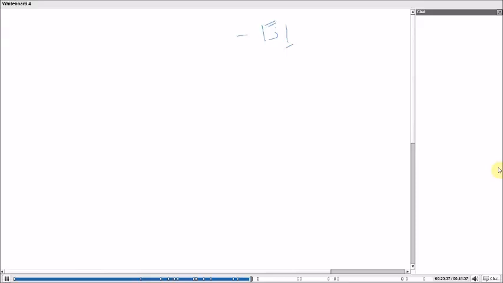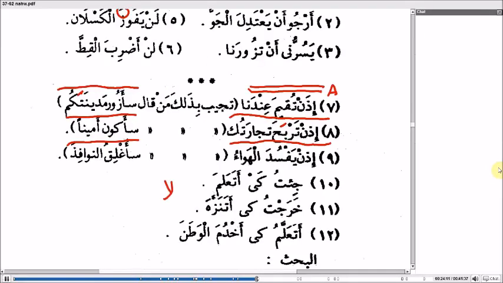Idhin could make the fi'l majzoom, or it could make it mansub, or it could make it marfu'. Right? Not make it marfu', but leave it marfu', basically. Let's find some examples here. Okay. If we use it as a harf al-jawab, an answer, like we have in our examples here.